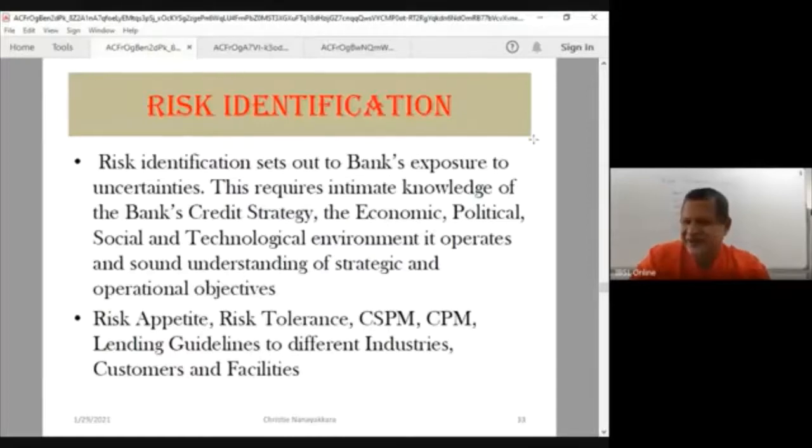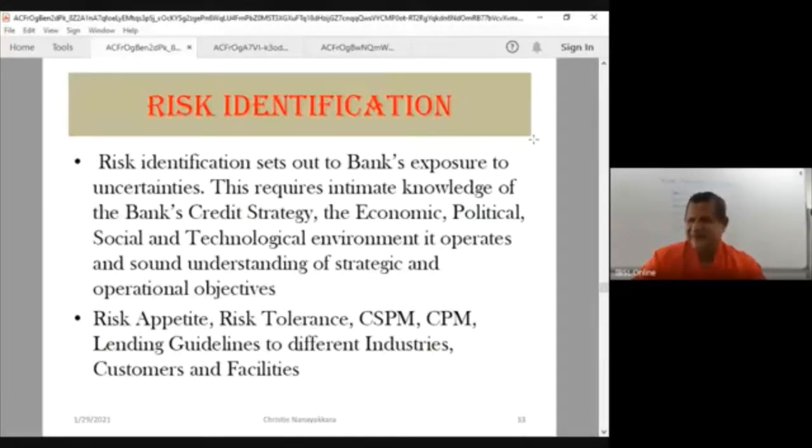So we need to identify exposure to uncertainties. That is, you have different types of facilities given for different industries, different regions, different products. Those will be subject to what we also call risk factors of the country. And based on those risk factors, you need to have your strategies going.